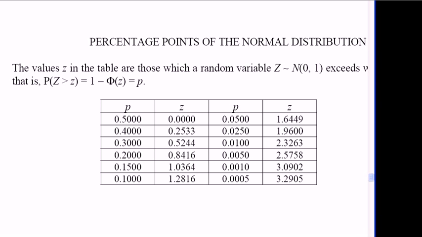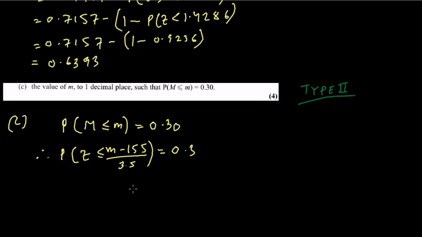So if this is less than, we can very easily make this greater than by writing 1 minus probability z is greater than m minus 155 divided by 3.5.